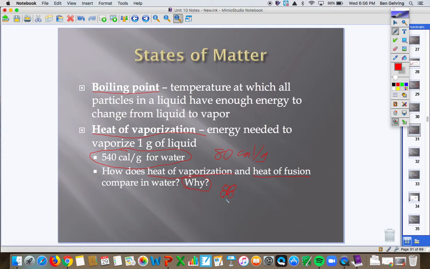So they're still attracted, they're just not stuck in place. To become water vapor, I have to take one of these molecules and completely remove it from the others, so it becomes its own separate molecule. It's not attracted to any other water molecule. So it takes more energy to do that than it does to just slide past one another.